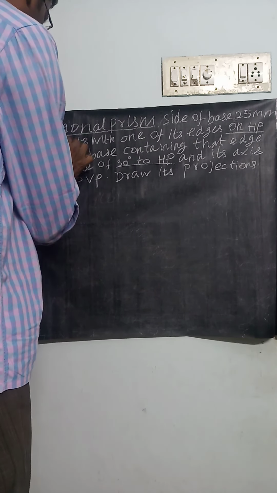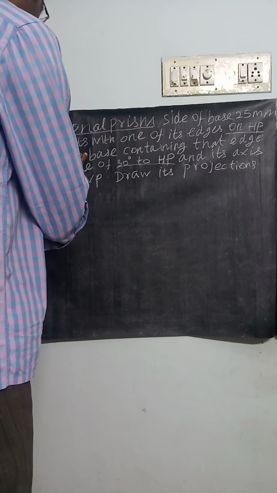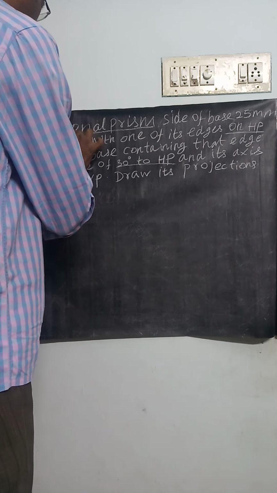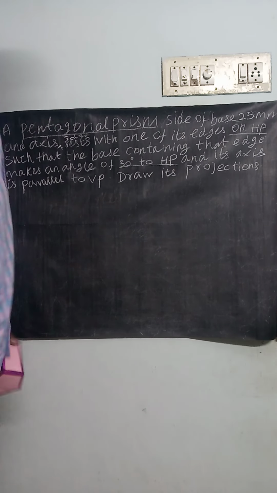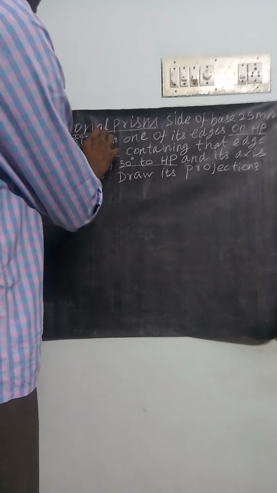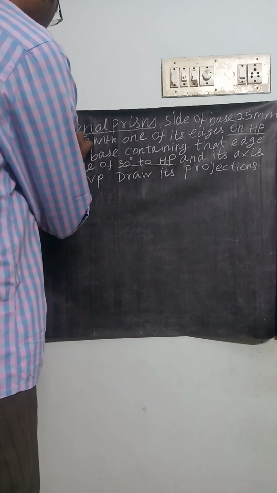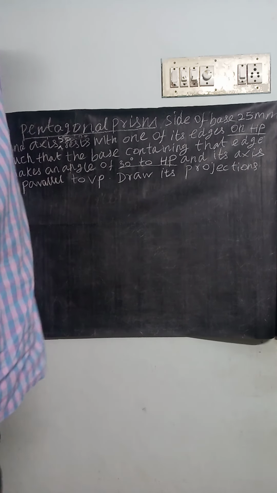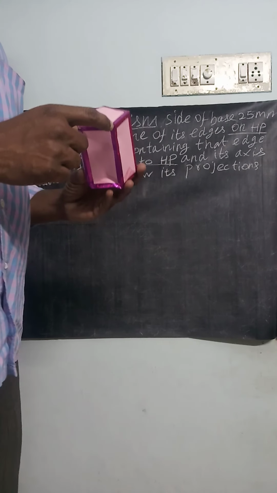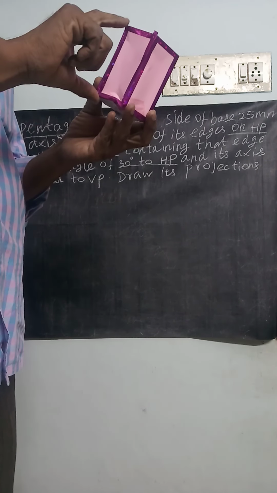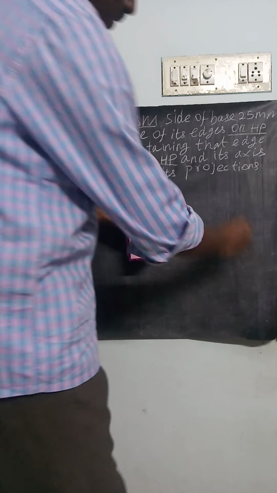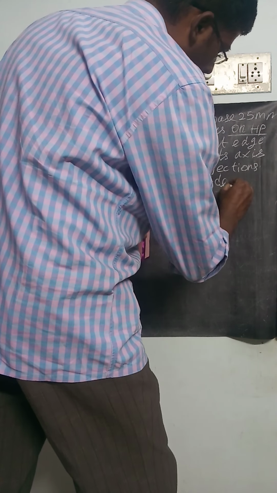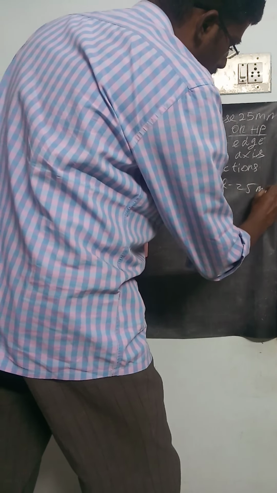So the given base side is 25 mm and the axis length is 50 mm. That is the given problem.